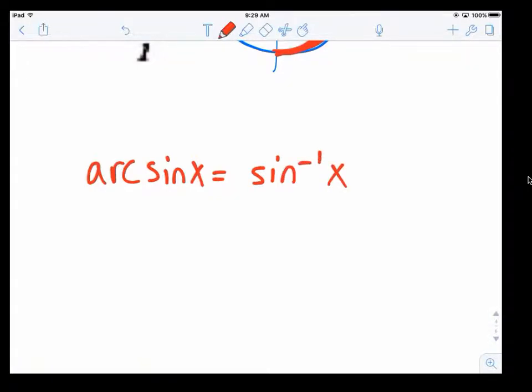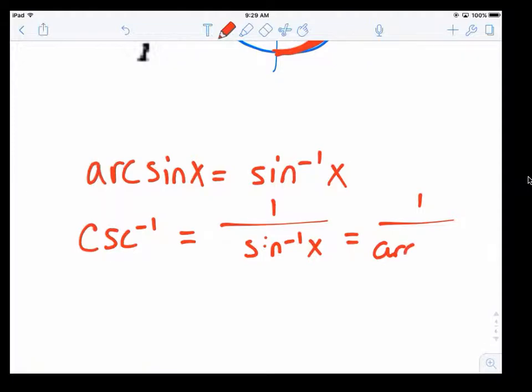You guys will see both notations, so this really means the same thing as that. If you have, say, the inverse of cosecant, that is the same thing as 1 over sine to the negative 1, which is the same thing as 1 over arcsine.